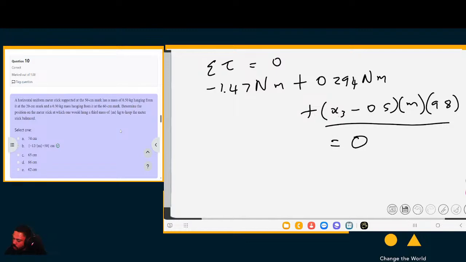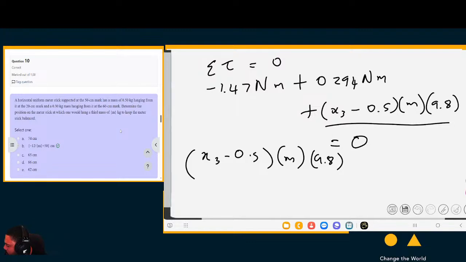It will be x3, the distance away, minus 0.5, times the mass times 9.8, and that should be equal to 1.47 Newton meters plus 0.294 Newton meters. That gives you 1.176 Newton meters.